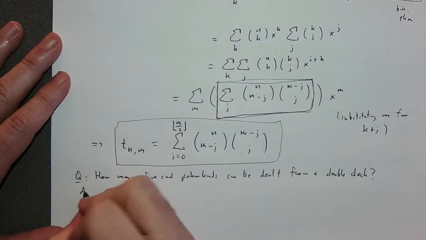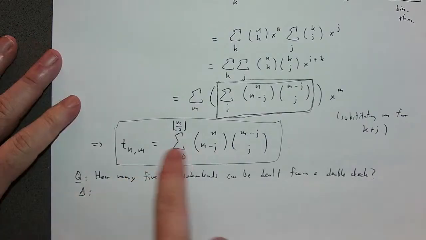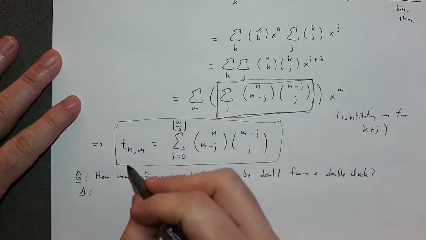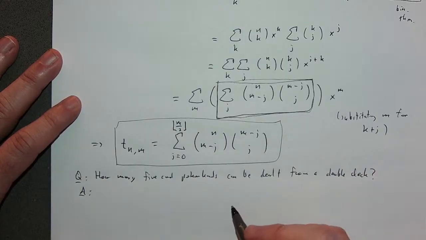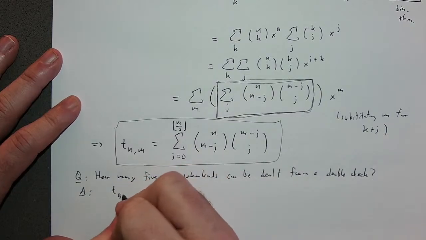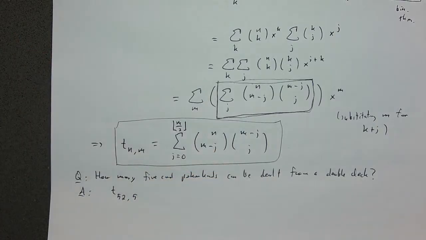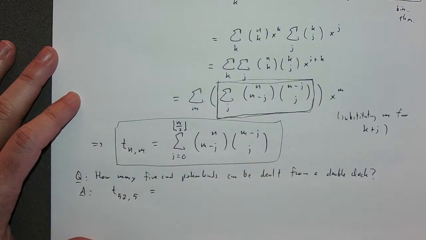The answer is, according to this, t sub 52, 5, right?